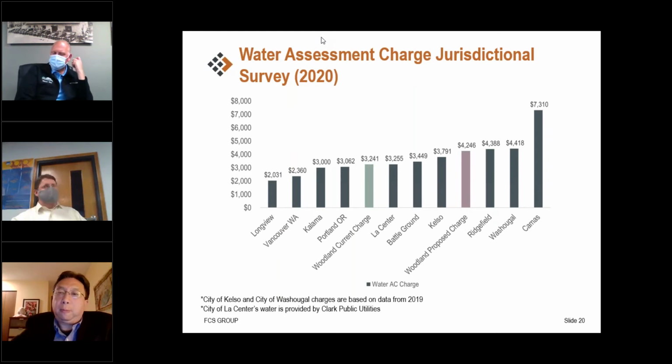Martin, did this take into account averaging or no? In terms of setting the breakpoints, Mayor, yes, it did. We took a look at how all of your single-family residential customers use water, and then on average, how that class uses water over the course of 12 months.